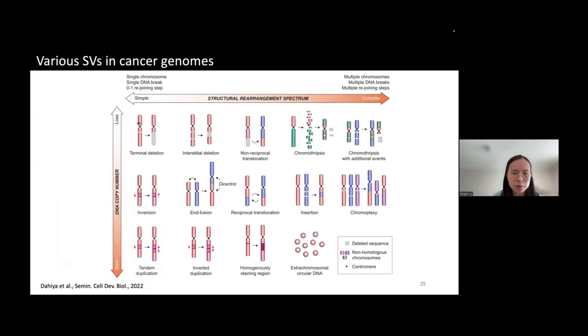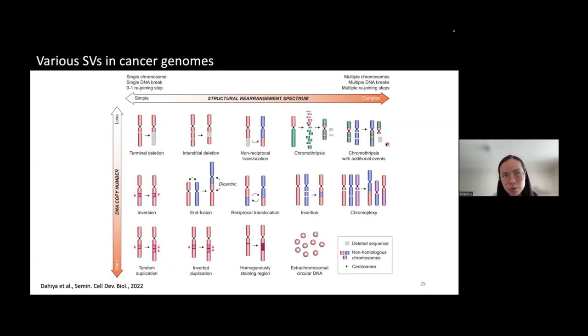They can range from simple deletions to very complex events like chromothripsis, in which the chromosome is shattered into pieces in a catastrophic mutational event, and these pieces may be lost and rearranged.